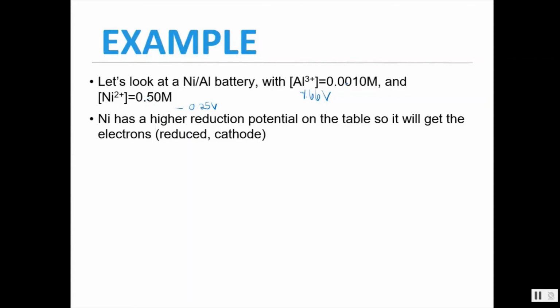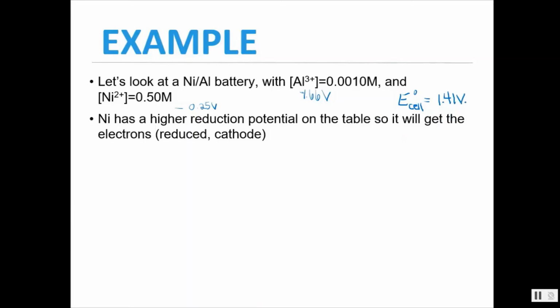Our concentrations are not 1 molar, and so we're going to have to take that E naught that we calculated, which again was cathode minus anode, and when we plugged that in, we calculated a standard potential of 1.41 volts. We're going to alter this a little bit using the Nernst equation.